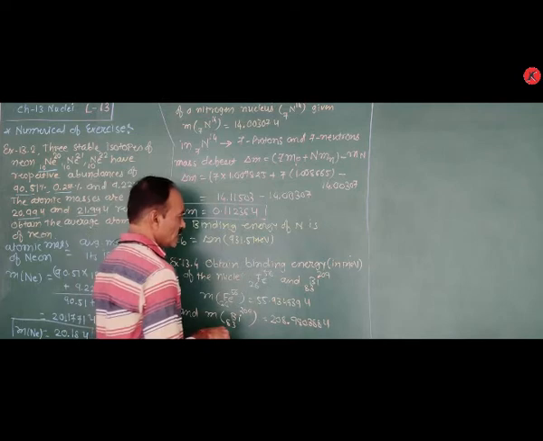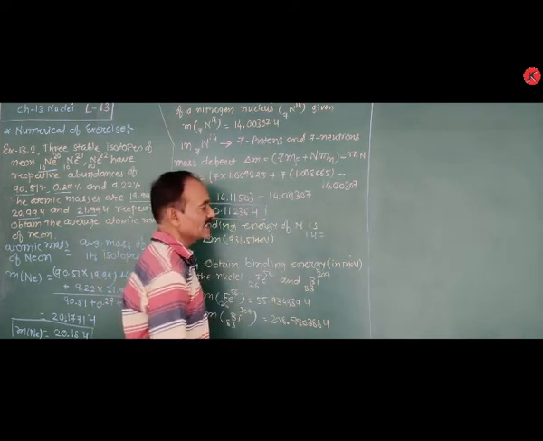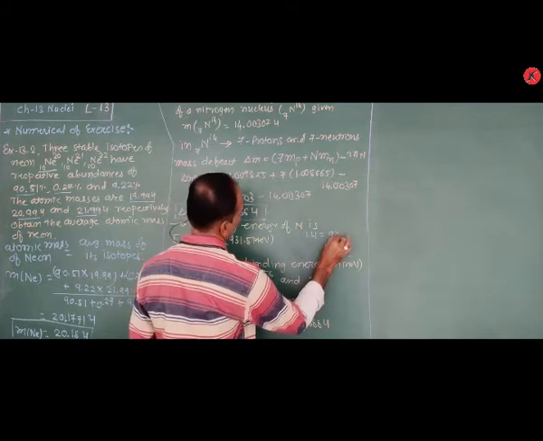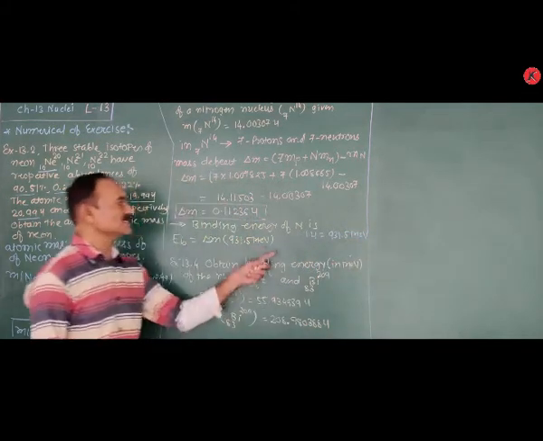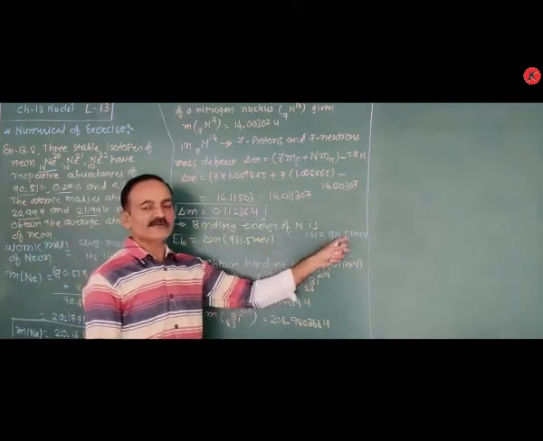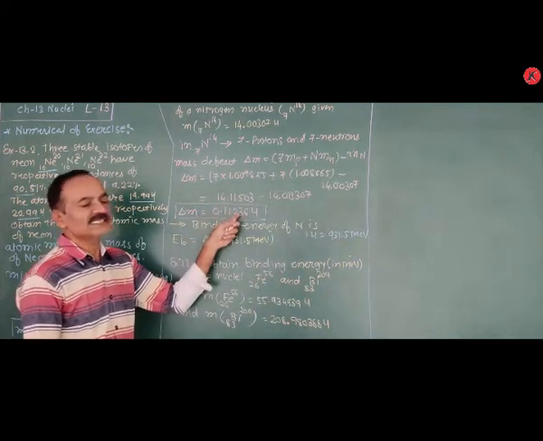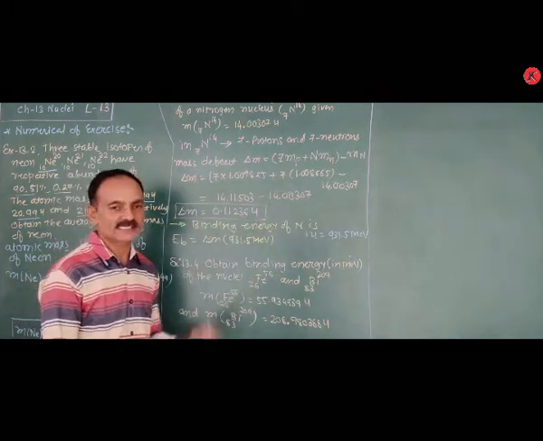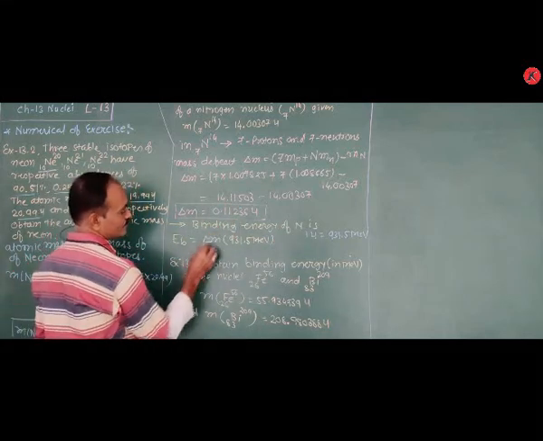Because we know that the relation between mass and energy is one atomic mass unit equal to 931.5 MeV. We have the mass defect in atomic mass unit, so one atomic mass unit is equal to that much binding energy. Corresponding to that much mass, what is the binding energy? Therefore, we multiply these two quantities.